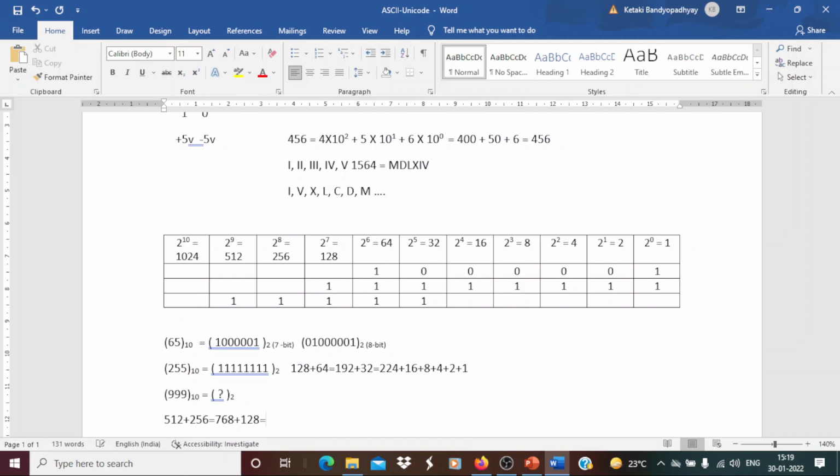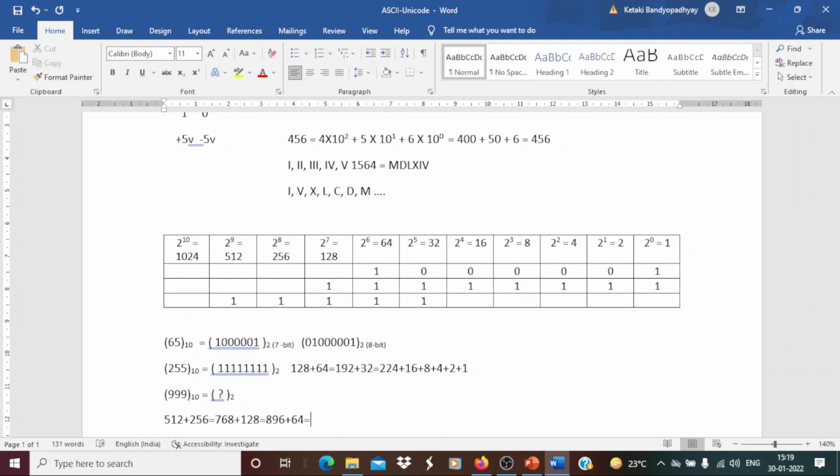Now it becomes 896. Now we have added 64 with it.